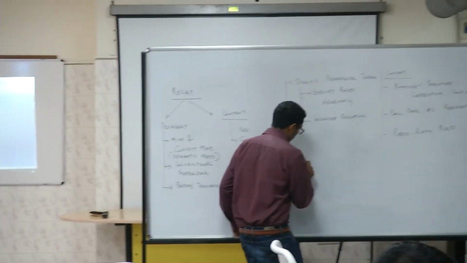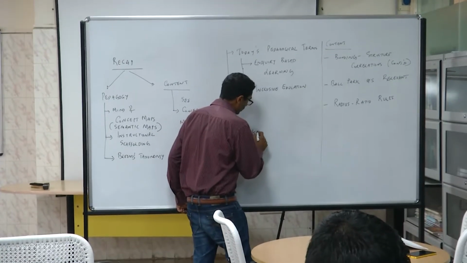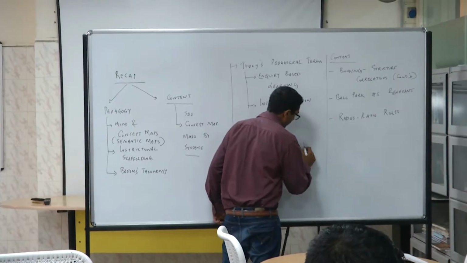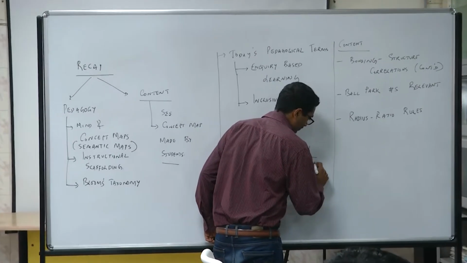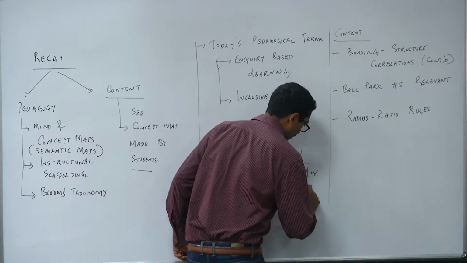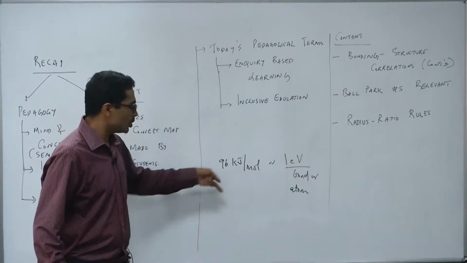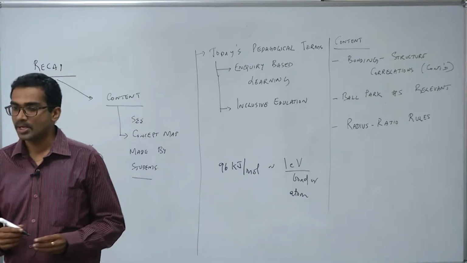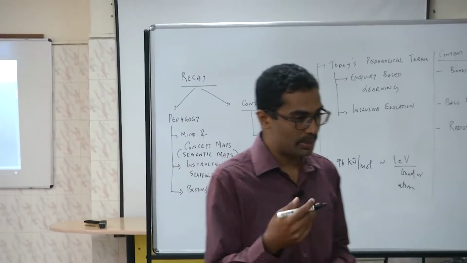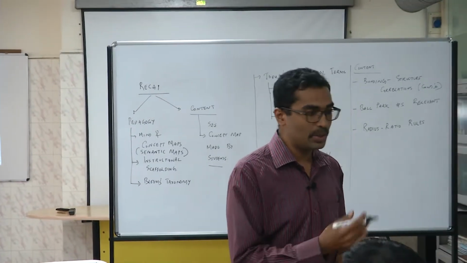96 kilojoules per mole is approximately 1 eV per bond or atom. So you just use this conversion. If you're getting data in electron volts per atom or electron volts per bond, then you convert it into kilojoules per mole.